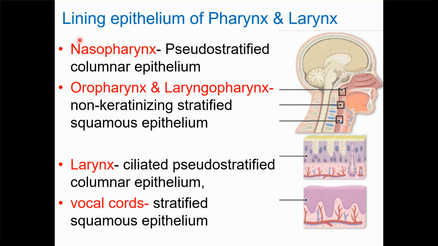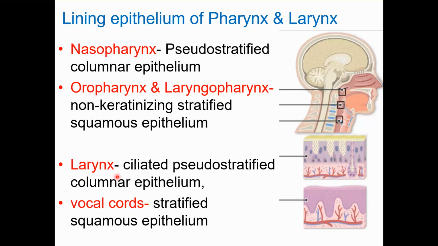Further, the lining of the pharynx and the larynx. The nasopharynx is lined with pseudostratified columnar epithelium. The oropharynx and laryngopharynx have non-keratinized stratified squamous epithelium.